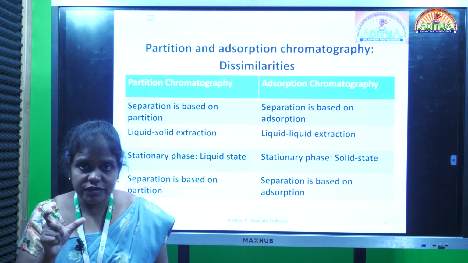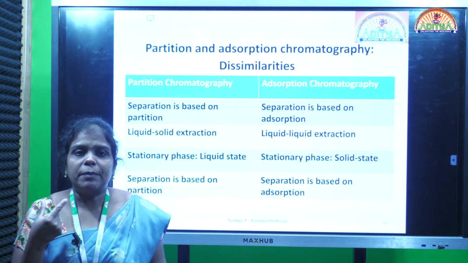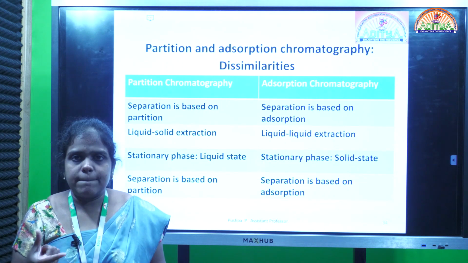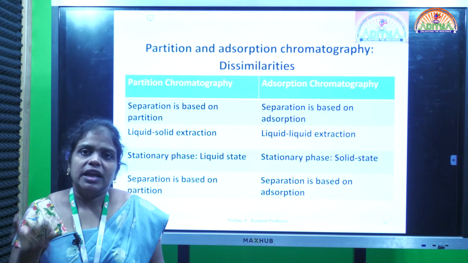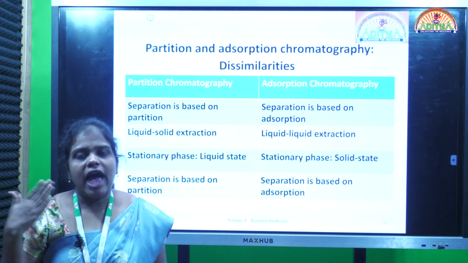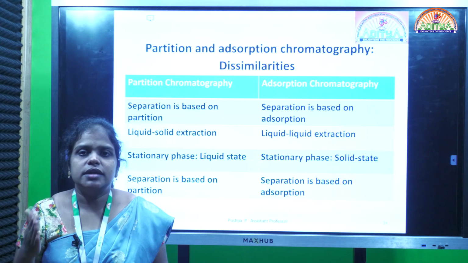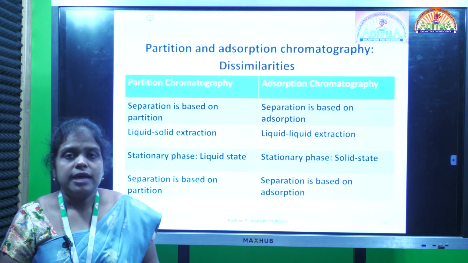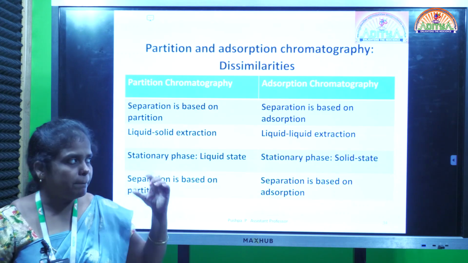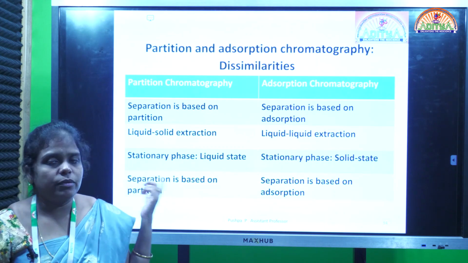That means the partition coefficient is nothing but the partitioning of the sample, based on its solubility, either in the lipid phase or in the aqueous phase. The same definition we have to apply here in partition chromatography.